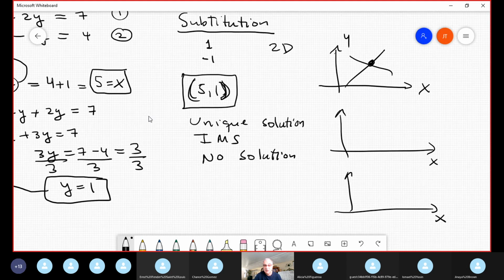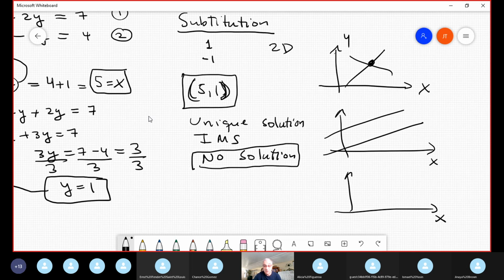But we have another possibility in which the lines are parallel and never meet. Therefore, no solution. And we have another possibility, the last one, in which there is perfect coincidence between the lines. This is one line, one equation, another equation is exactly the same, so we have infinitely many solutions. How do you know? Well, using algebra. This is the geometric interpretation of the problem, but using algebra we can find that.